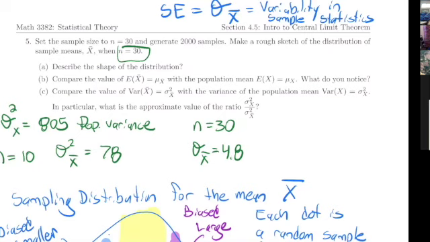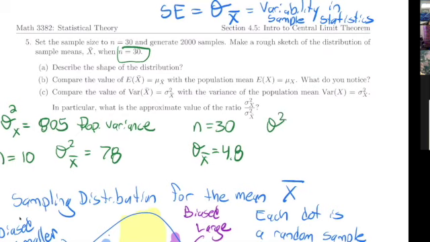And all I need to do is calculate. You might have gotten something slightly different if you were playing around with this, because there is some variability at play. So the variance when n equals 30 is about 23.